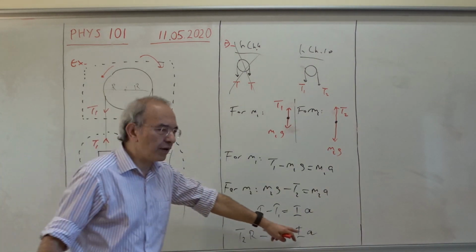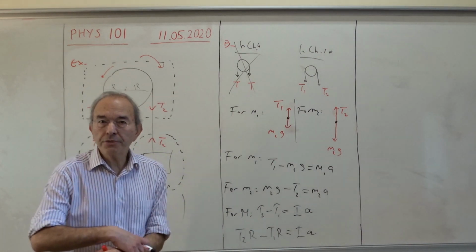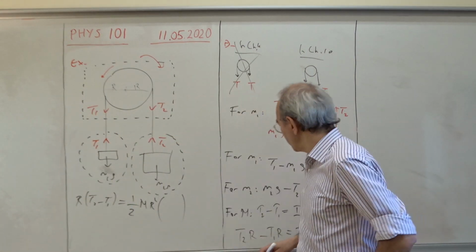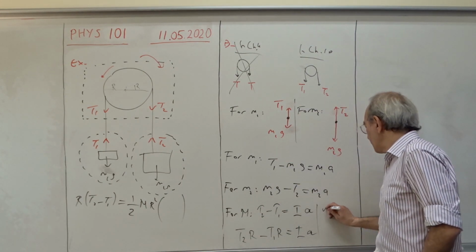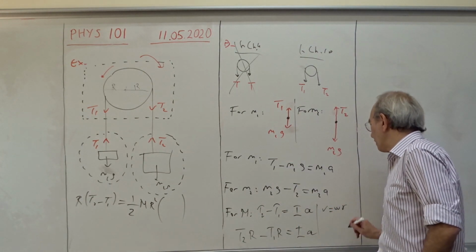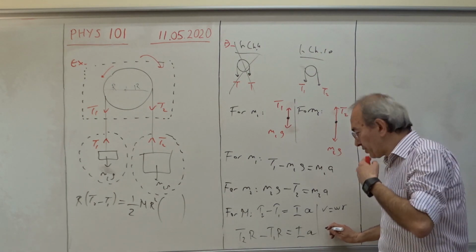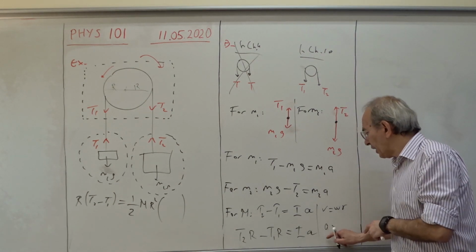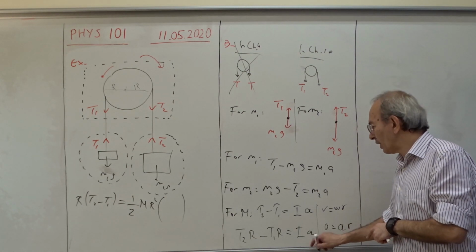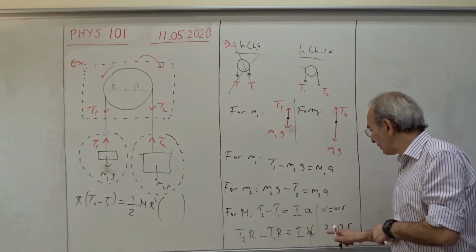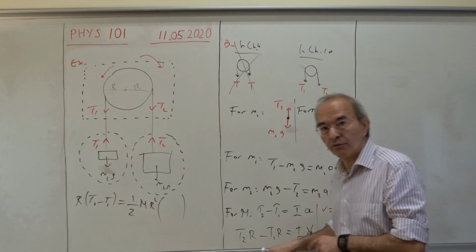Now what about this alpha? Remember the relationship between linear and angular velocities. There is no velocity here, but let me just remind you: v is equal to omega times R. For the accelerations, the linear acceleration is angular times radius. So for the angular one, we won't write alpha, but we will write a over R. Which R?